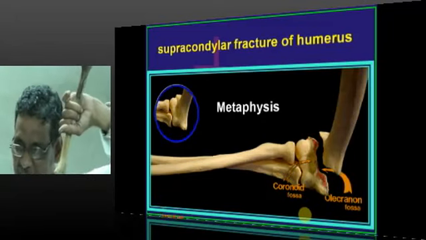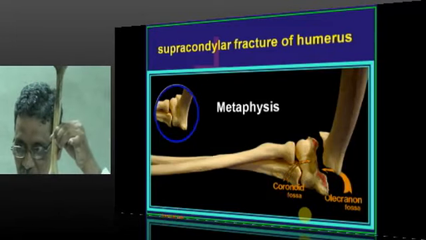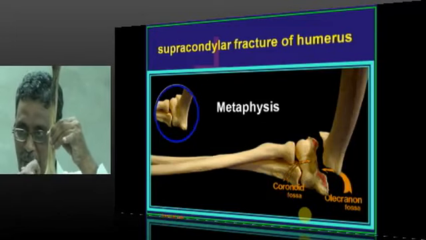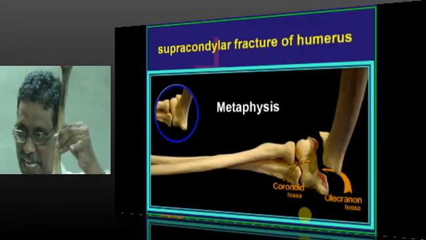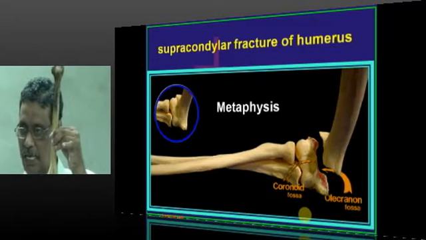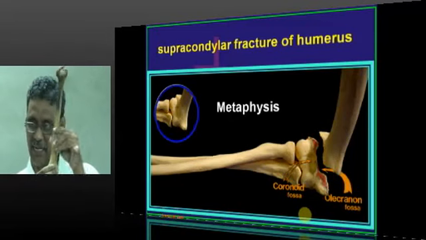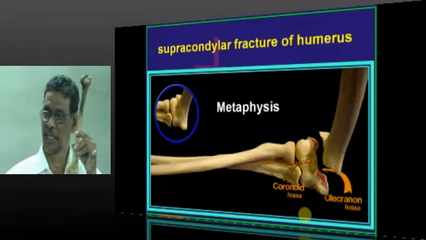So somebody has eaten away even this flattened area, made it much weaker by drilling away these three fossae. So this cartilaginous, flattened area eaten away by the fossae is vulnerable to fracture in children.